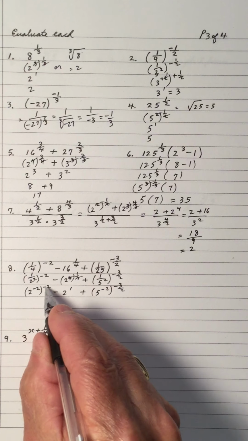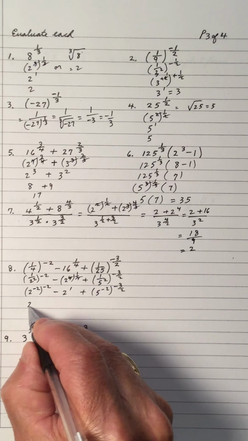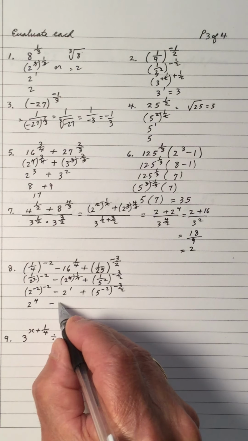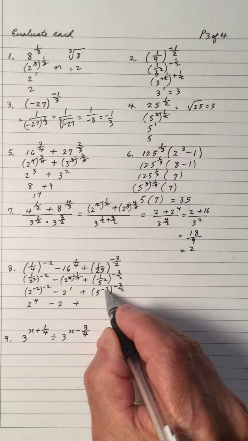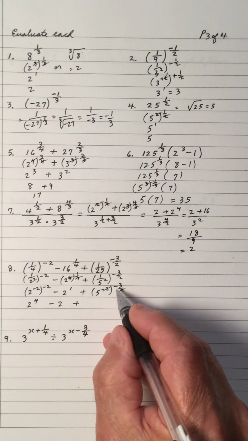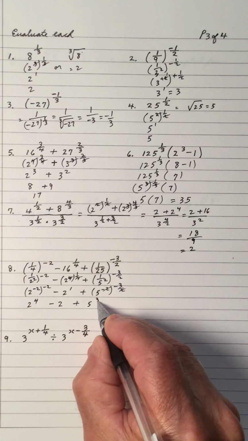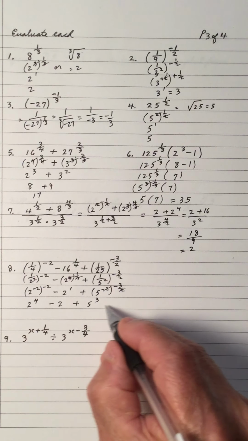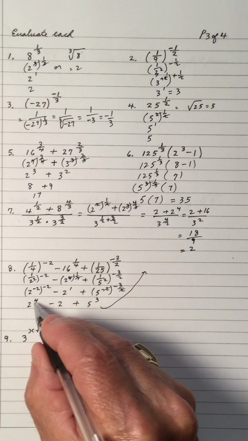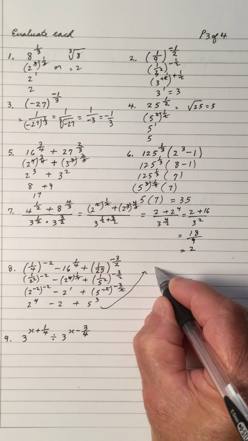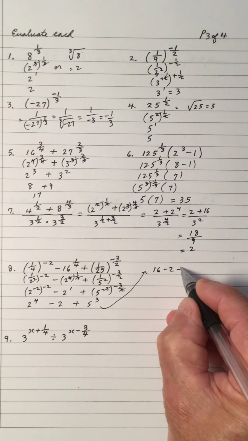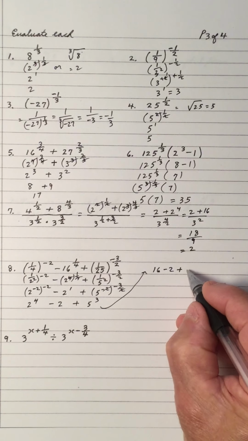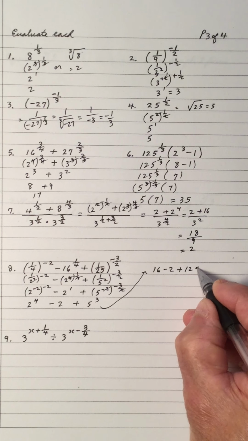And we have a power of a power, so we multiply. So it's 2 to the 4 minus 2, plus, we're multiplying negative by negative, positive, so the 2's cancel. So I get 5 cubed. So that gives me 2 to the 4, which is 2 times 2 times 2 times 2, is 16, minus 2. 5 cubed is 5 times 5 times 5, which is 125.